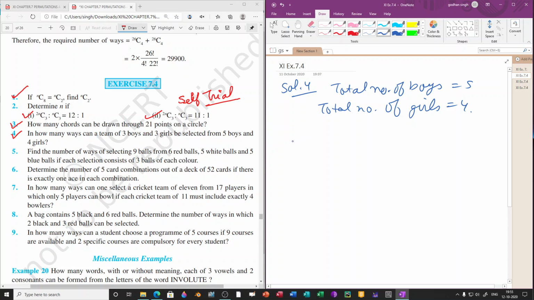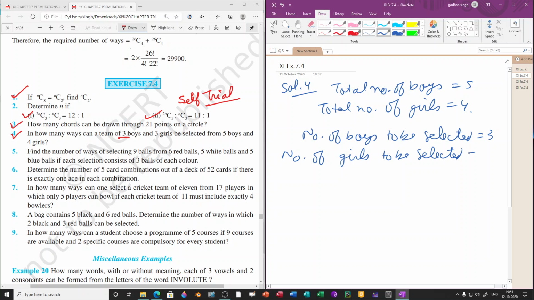So number of boys to be selected is 3, and number of girls to be selected is also 3.